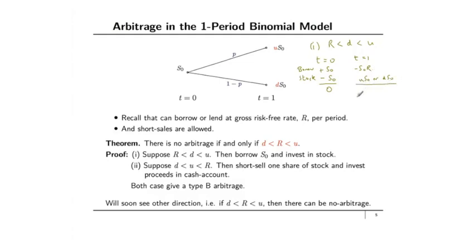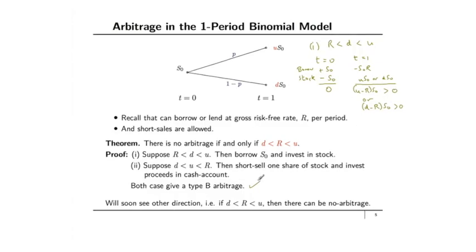The net cash flow here then is US0 minus RS0 if the stock price went up, or DS0 minus RS0 if the stock price went down. But by assumption, D is greater than R and U is greater than R, so this component is positive and this component is positive. So regardless of whether the stock went up or not, we're going to have made money at time t equals 1. And that is an example of a type B arbitrage.